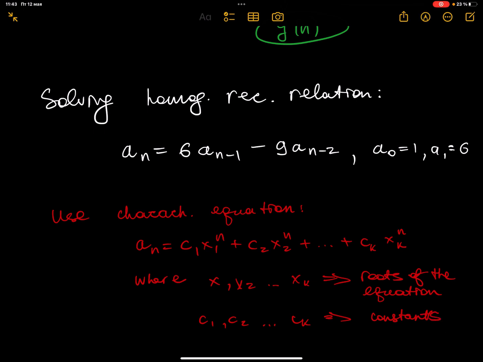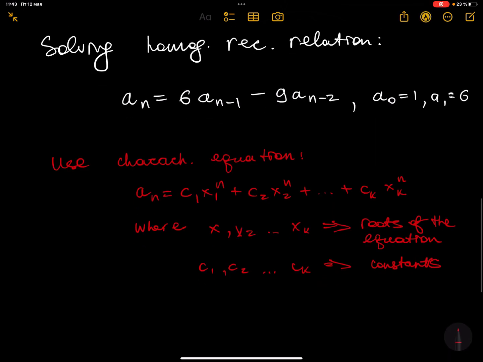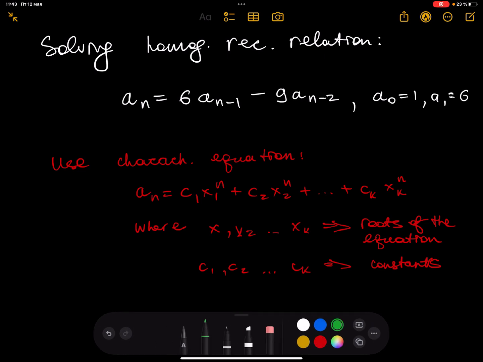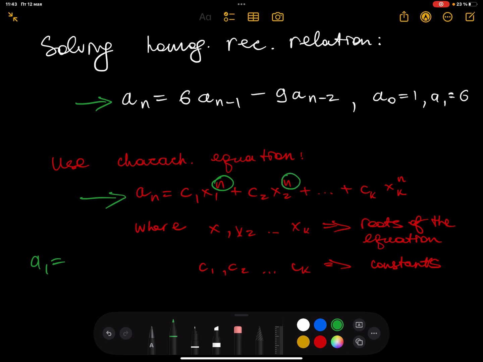Now we have the recurrence relation, and at the end we will have this type of characteristic equation. That means, for example, if you want to find a1, you substitute n with 1, so it's gonna be c1 x1 to the power of 1.